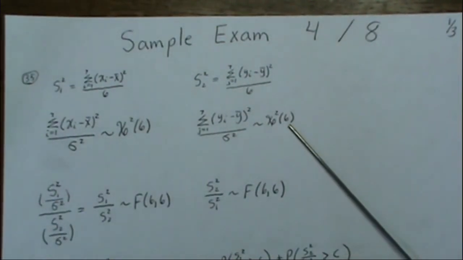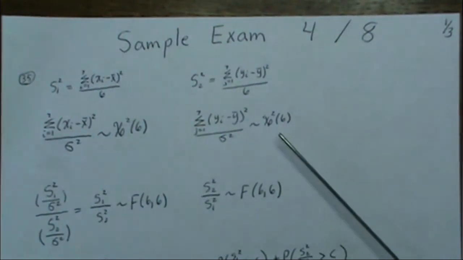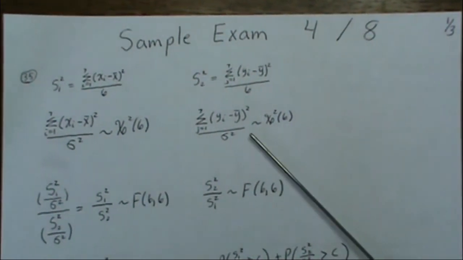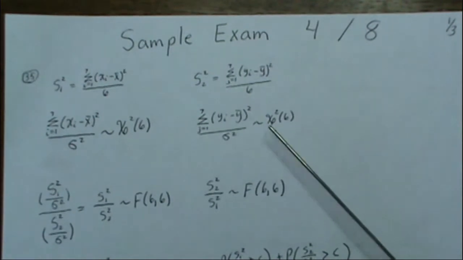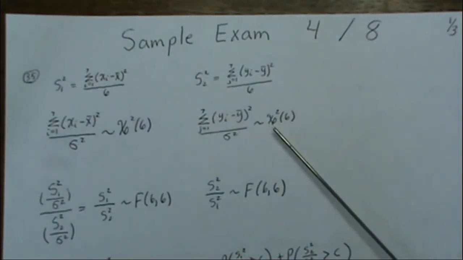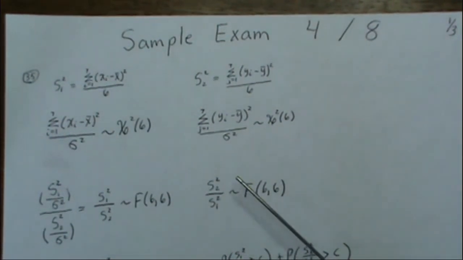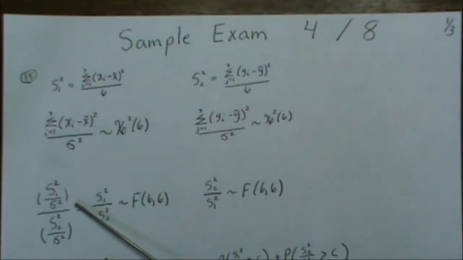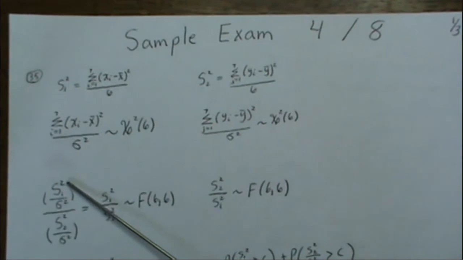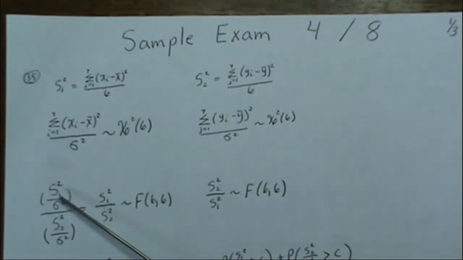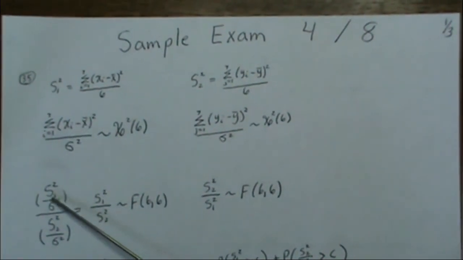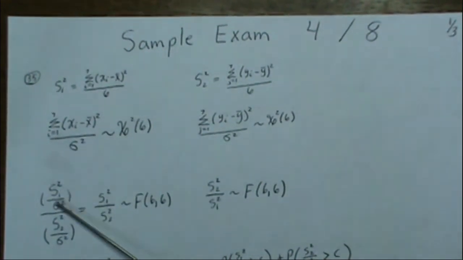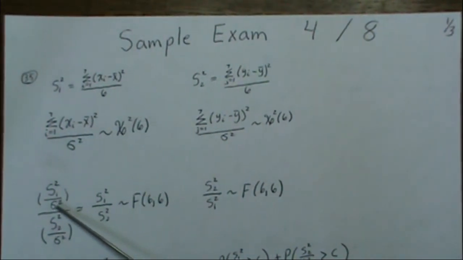So now, to be an F distribution, you need to take a chi-squared divided by the degrees of freedom for the numerator, and the denominator is a chi-squared divided by its degrees of freedom. So in this setting, we have S1 squared divided by 6, the degrees of freedom, and then divided by the variance.